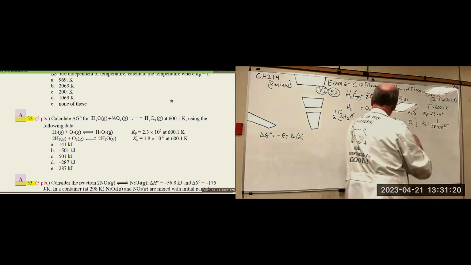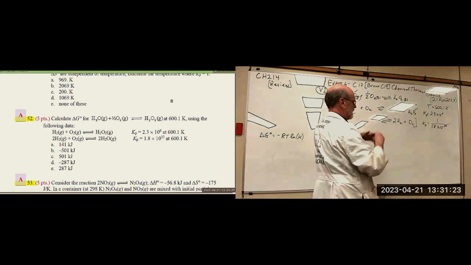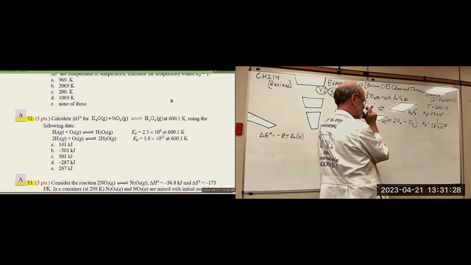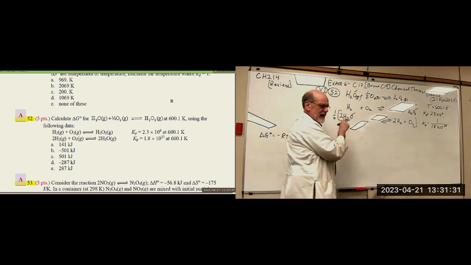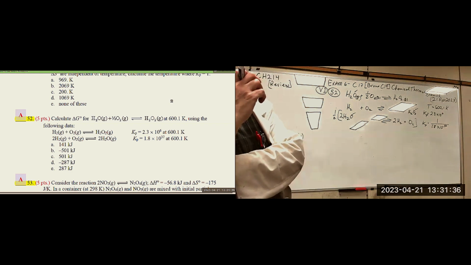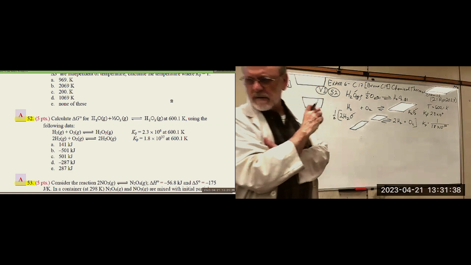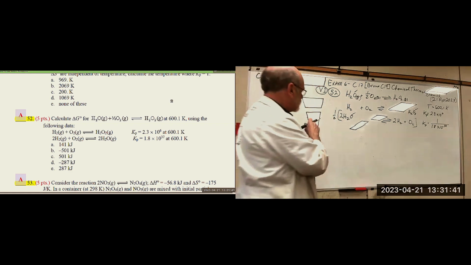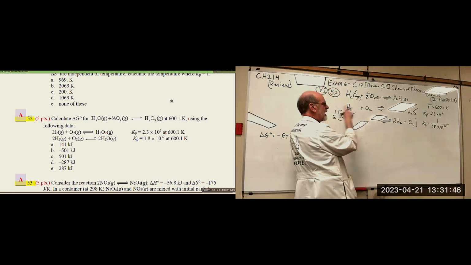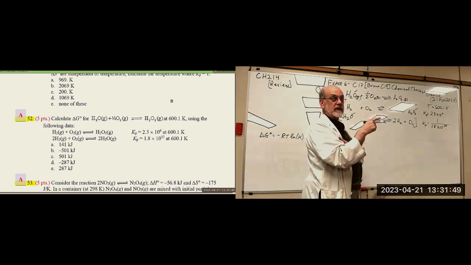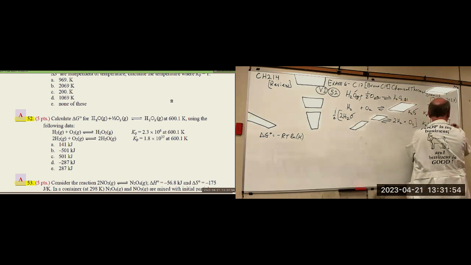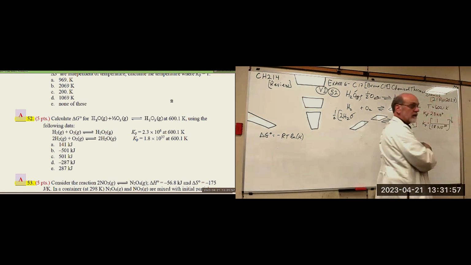Okay. And if we take half of that, what does that do to the K? Remember, if you multiply an expression by any value, that becomes the power of the new, to calculate the new K. So this would be first the inverse and then to the half power or square root.